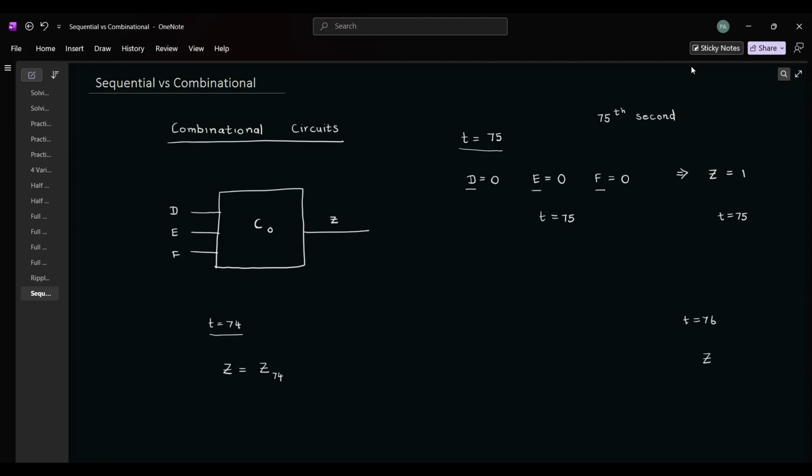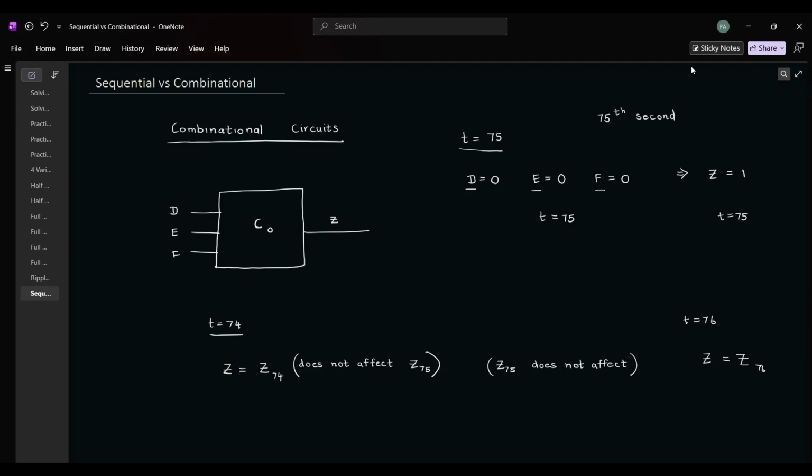And at time 76, it could have been any output, so let's say Z76. Z74 does not affect Z75. Similarly, Z75 does not affect Z76, because this is a combinational circuit.